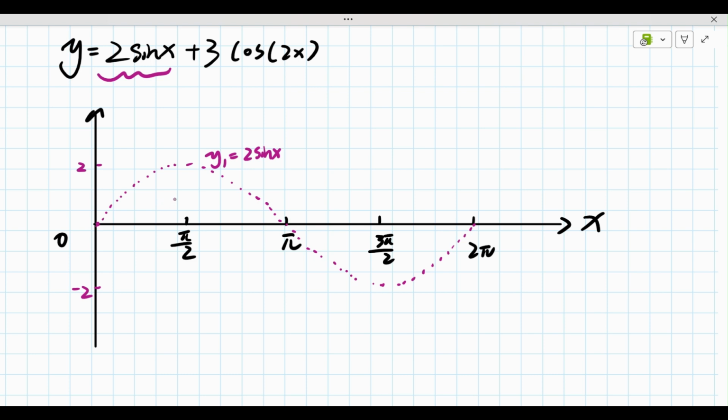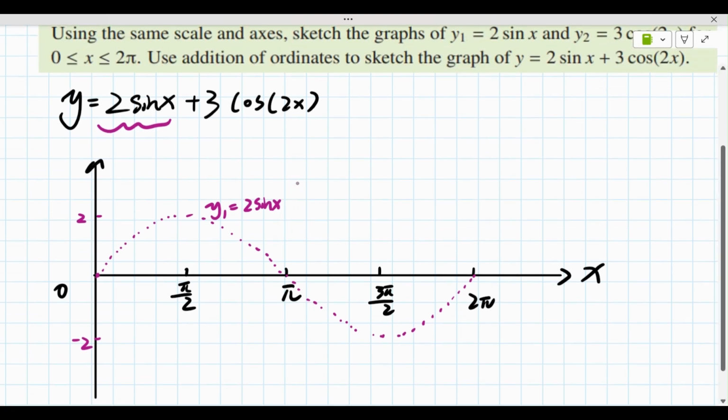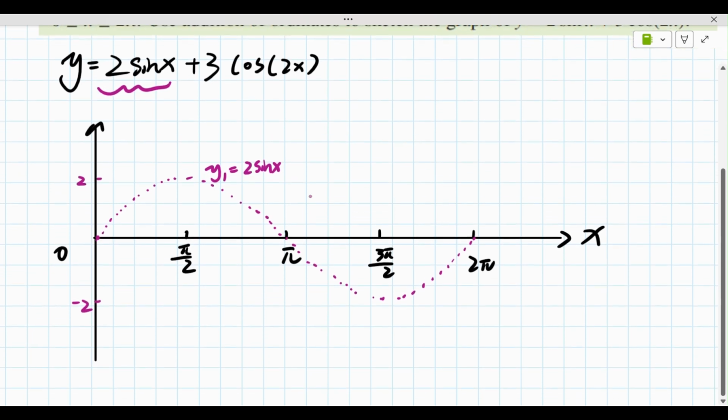And the next one, which is 3 cosine 2x, will start from 3. I'm using green. So 3 and negative 3. From the 3 cosine 2x, your period is equal to pi, but your amplitude will be 3.